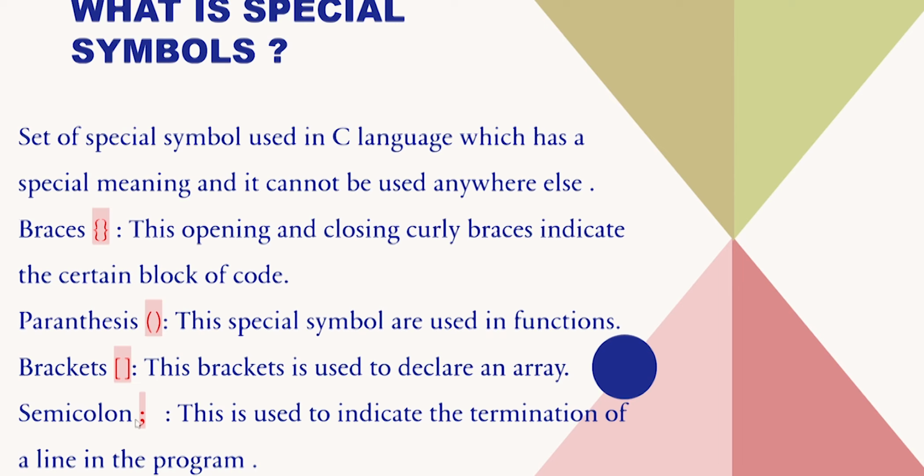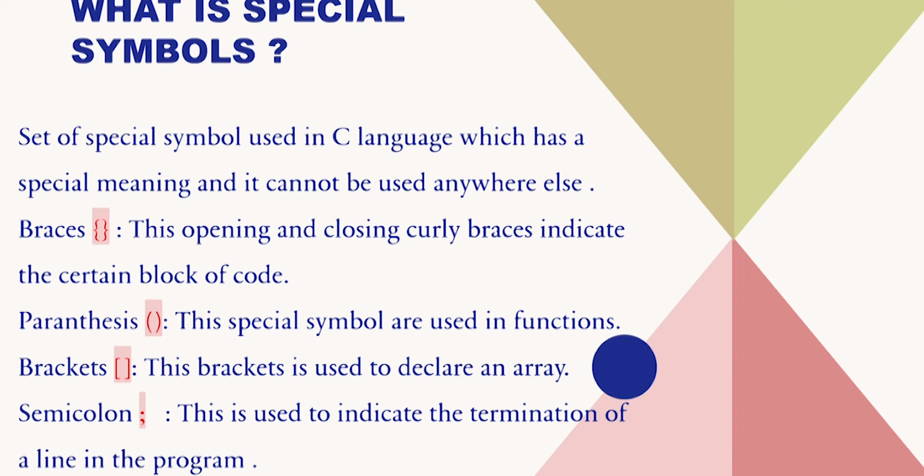Next, semicolon. A semicolon is used in almost all lines. It is used to indicate the termination of a line in the program. For example, if you print a particular value in one line and then print another value in the next line without using a semicolon, you will end up with an error because the previous line is not terminated yet.